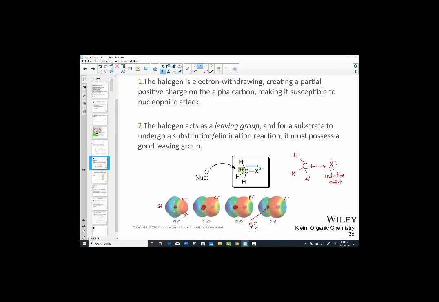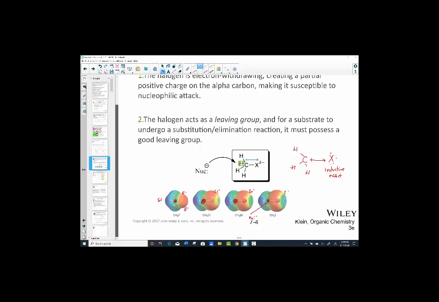And the second reason that alkyl halides undergo substitution and elimination reactions is that the halogens are really good leaving groups. They can stabilize a negative charge. Fluoride, not so much, but fluoride is so tiny it has a hard time stabilizing with its small surface area, so it's not a very good leaving group.